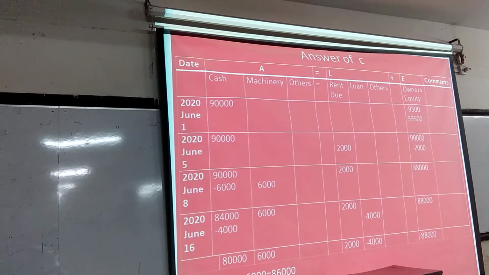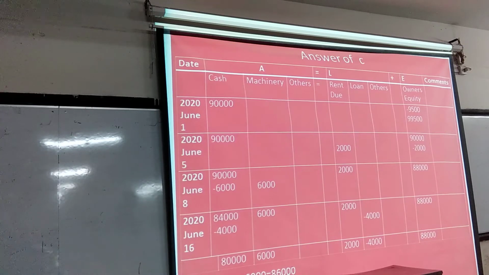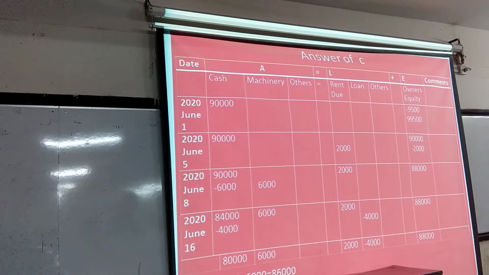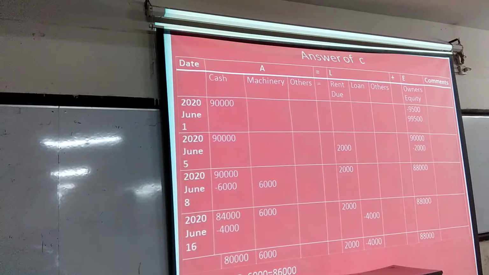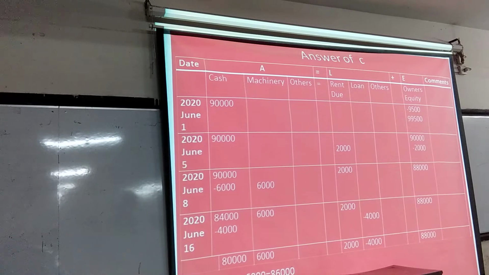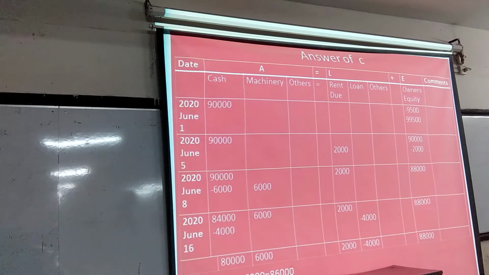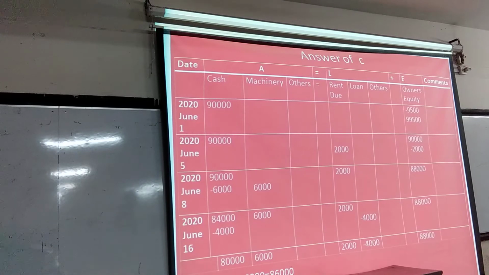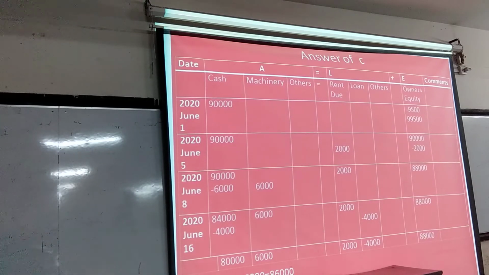Cash balance will be 84,000, 90,000 minus 6,000, 84,000, machinery 6,000, rent due 2,000 and owner's equity 88,000.